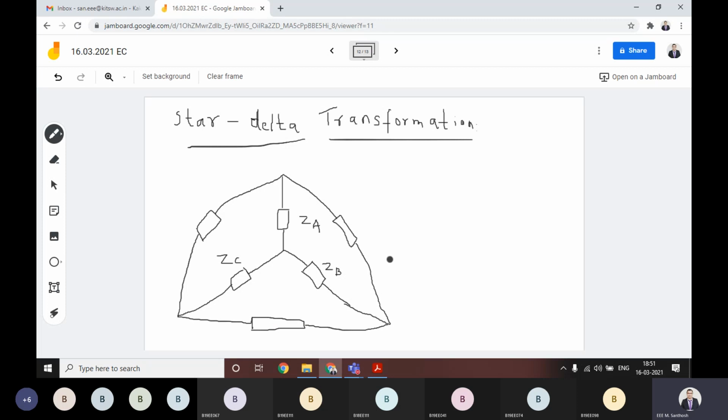Then you can convert this one as Z1. Can write with another ink. This is Z1 and this is Z2 and this one is Z3.